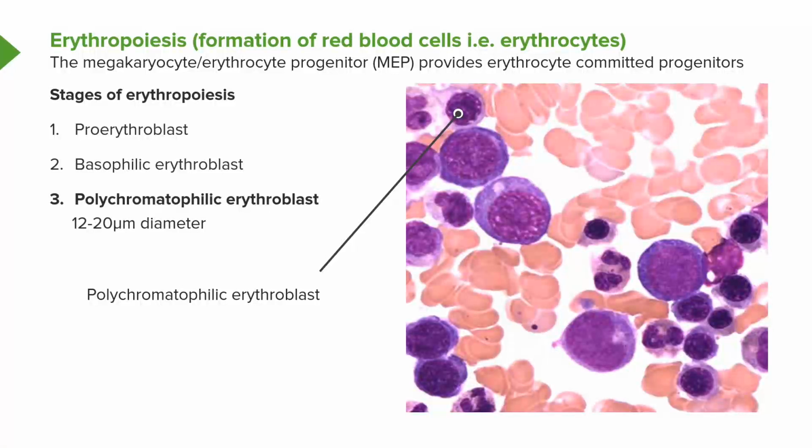So you have a combination then of a bluish tinge representing the stain of the endoplasmic reticulum, and you have the reddish eosinophilic type tinge related to the production and accumulation of hemoglobin. And therefore it looks a lilac type colour. We call it polychromatophilic because polychromatic means many colours.